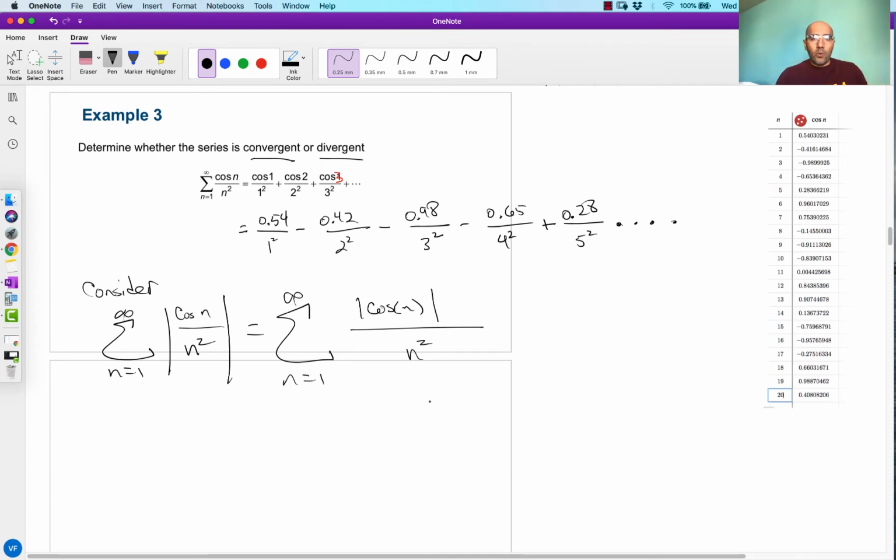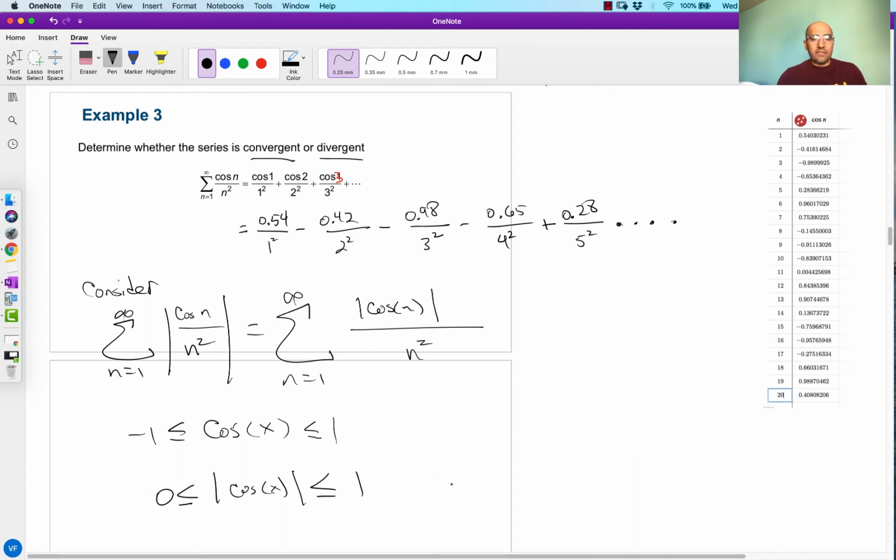Now that we have this, it's all positives. Once we apply the absolute value, each one of these terms is the same except that they're all positive. And we can note that cosine of any value, cosine of x, is always trapped between 1 and negative 1. Therefore, the absolute value of cosine of x is always trapped between 0 and positive 1.